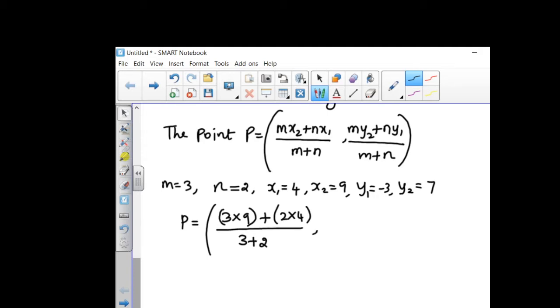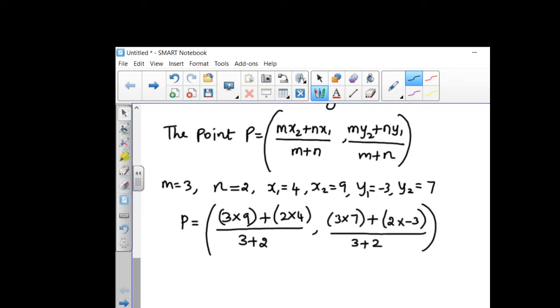Then next, comma, m y2. M is equal to 3 and y2 is equal to 7, then plus n is equal to 2 and y1 is equal to minus 3, divided by m plus n, so 3 plus 2.